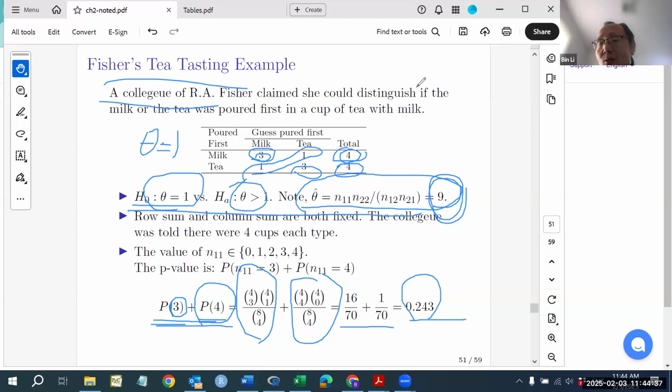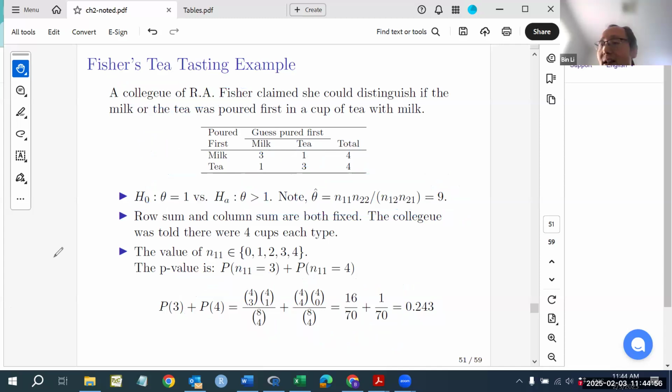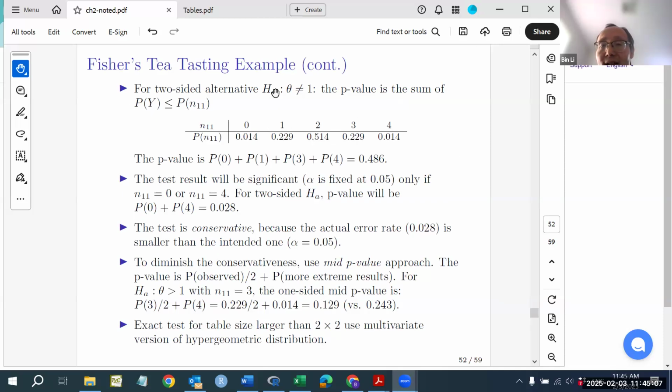The only case that makes it significant is if N11 is 4 and this one is 0. If that is the case, the p-value will be significant because this one is gone, and only the perfect answer from that lady can make this significant. Otherwise, we cannot. If it's two-sided, then the p-value will be p0 plus p1 plus p3 plus p4.